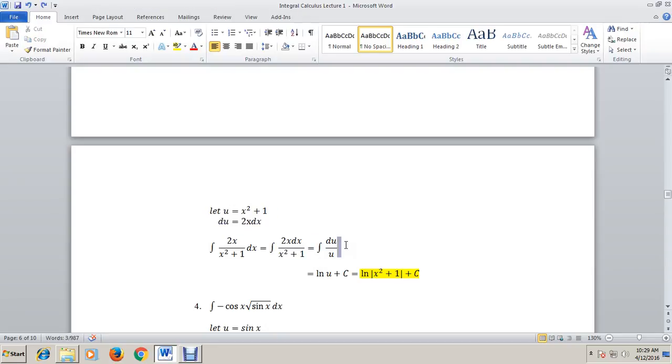Now recall that this form, integral of du over u, results into ln of u. Now how did we arrive at ln of u? Try to recall the definition for the derivative of the form ln u in your differential calculus.